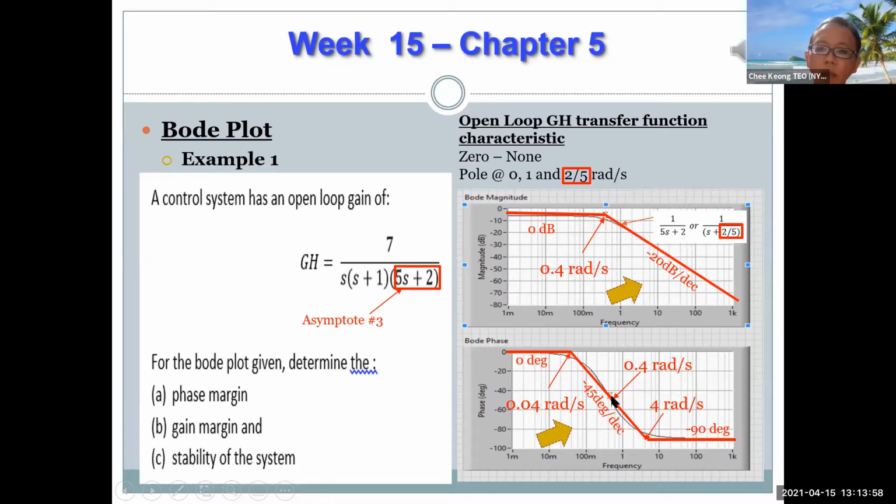And when it hits the root, which is 0.4, it will be minus 45 degrees, right? And then you will proceed going down at minus 45 degrees per decade until it hits minus 90 degrees at 4 radian, and there it will flatten at minus 90 degrees. So that's basically the third asymptote for magnitude and phase, right?